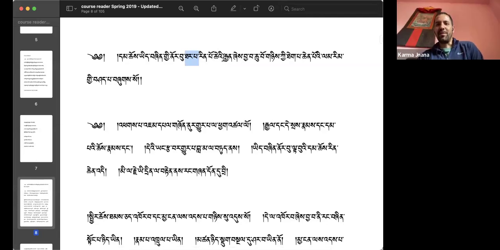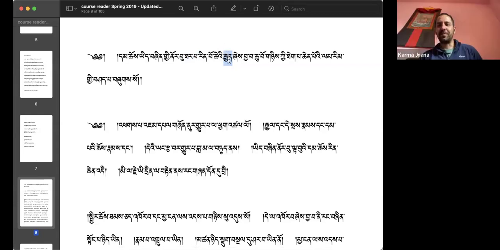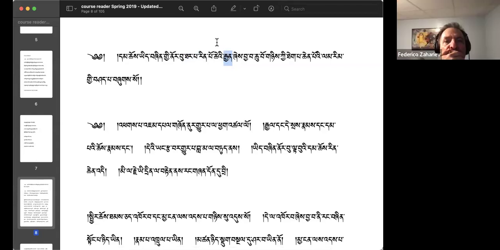Let's do one more word before we end it. Yen means an ornament. So we can start from here: the ornament of precious liberation.